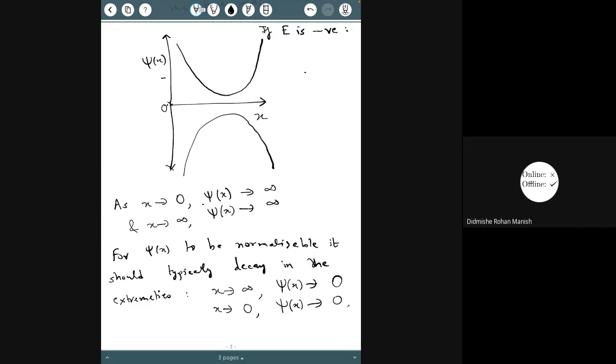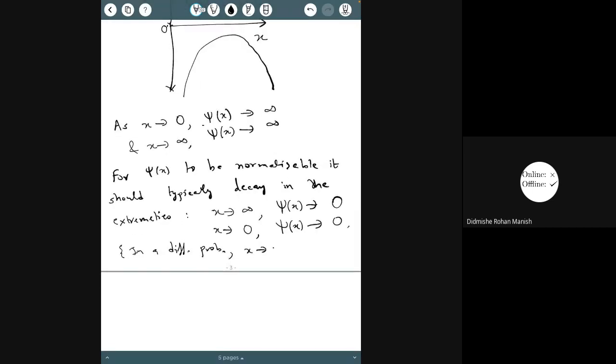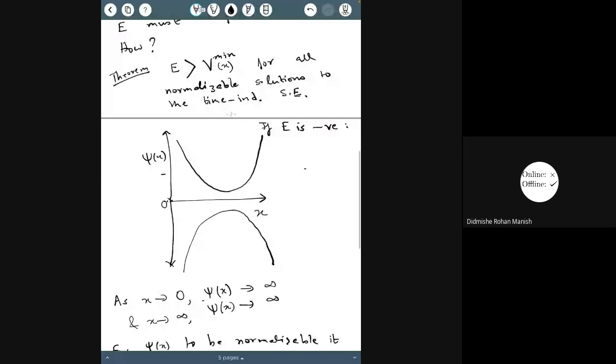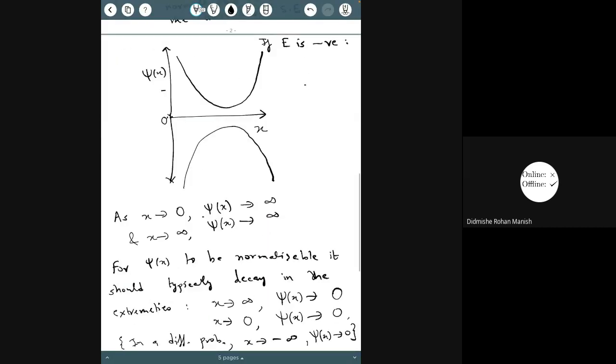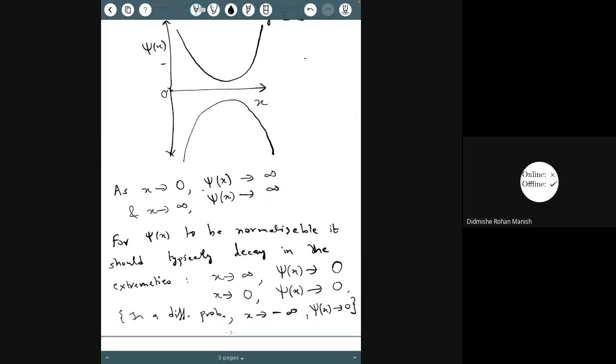In a different problem, this might translate to x tends to minus infinity, then psi x tends to 0. This depends, because here we have said 0 and a, which is why the limits here are x tends to 0, psi x tends to 0.